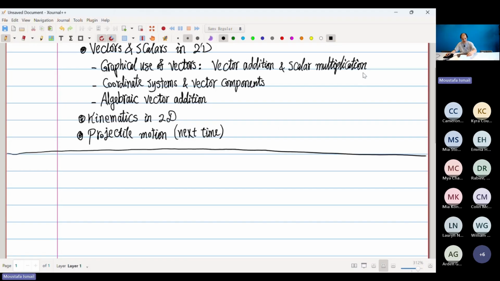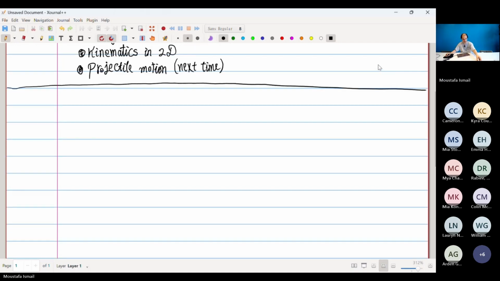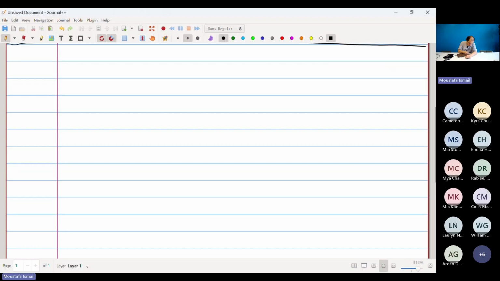Let's start with vectors and scalars. So as we discussed before, there are physical quantities for which it's enough to completely specify the system with just one number, just one unit, such as the time, temperature, mass.